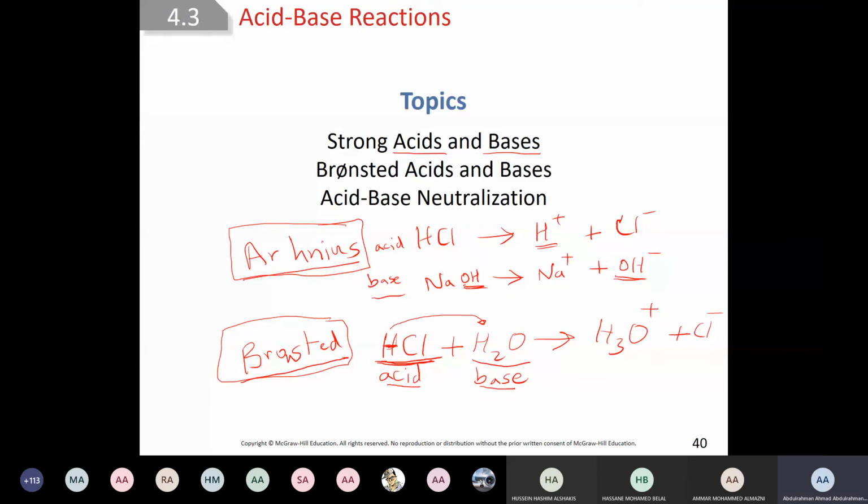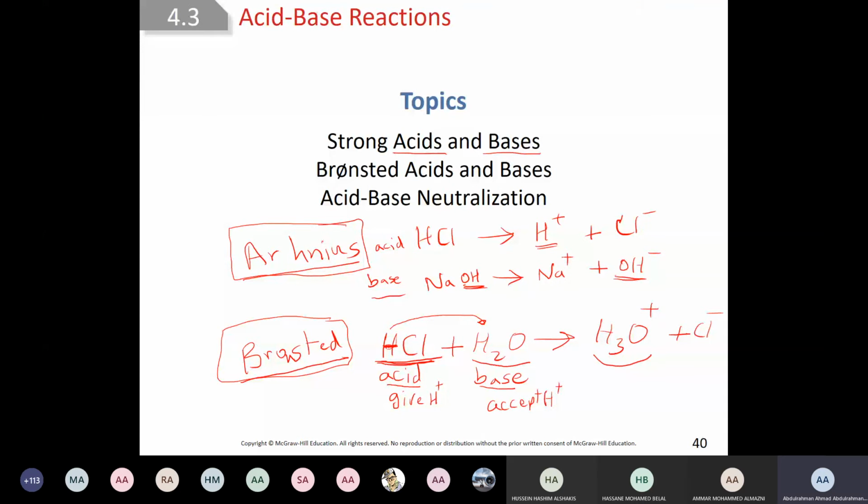The one that gives the H is acid, and the one that accepts the hydrogen is the base. So this gives H plus, and this one accepts H plus. Clear?